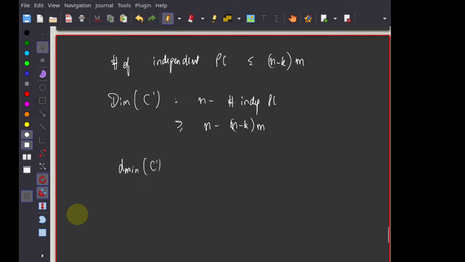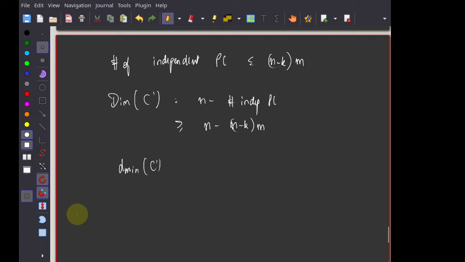The original code was MDS. The new code need not be MDS at all. But with respect to the old code, what can you say about the minimum distance of the new code? Is it always larger, smaller, could be anything? Again, interpret it in terms of the minimum Hamming weight. The original code was a linear code. The new code is also a linear code. So for the original code, what was the minimum Hamming weight? n minus k plus 1. Okay.